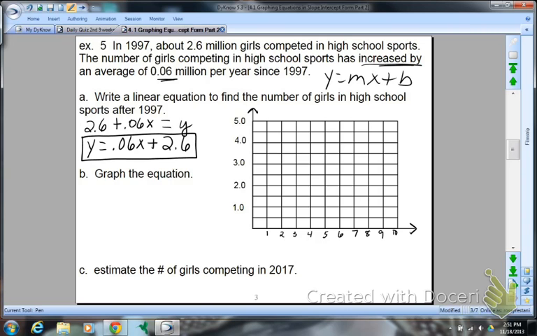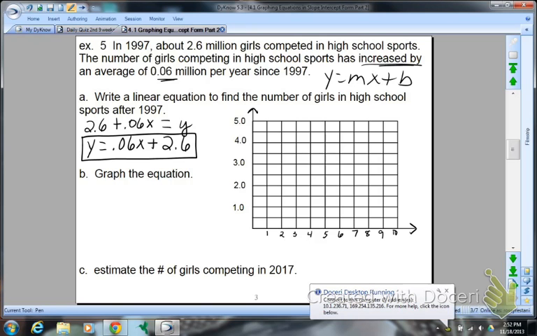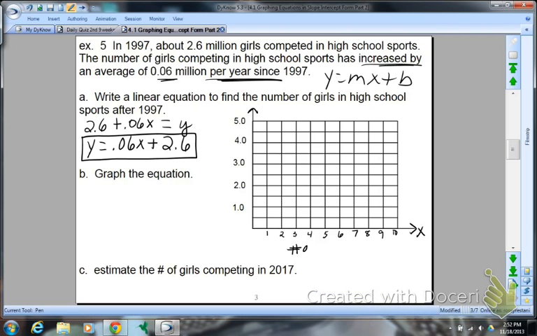Okay, now we're going to graph, and I gave you the graph. What does our horizontal axis stand for? x, which stands for the number of years.